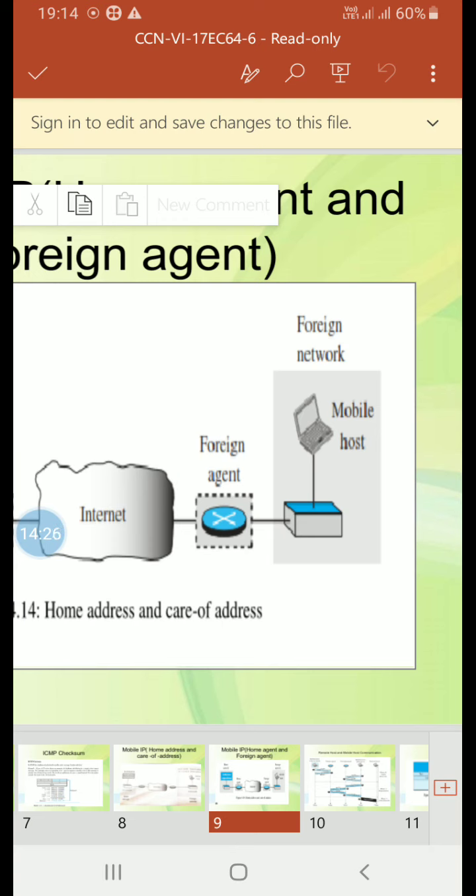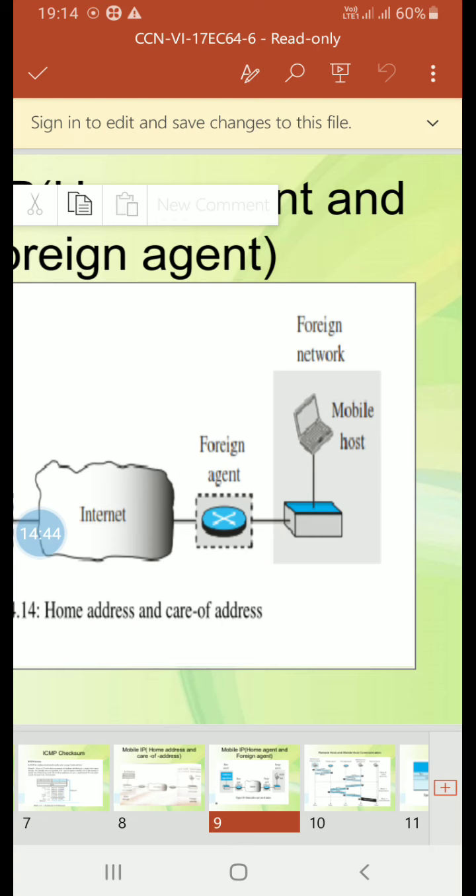Then we'll see about the collocated care-of address. When the mobile host acts as a foreign agent, the care-of address is called a collocated care-of address.